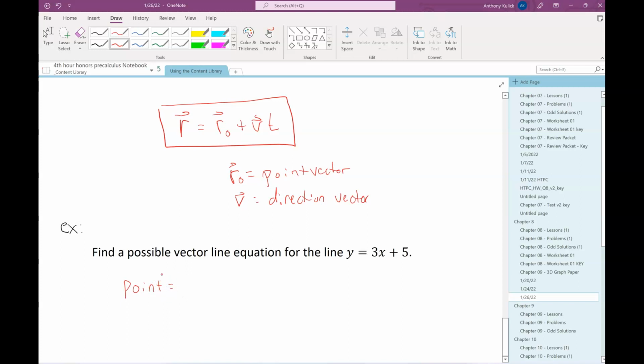What's an example of a point from that line? Why not just do 0, 5? Use the y-intercept. It's the easiest one to get. So I can change that into the point vector, r naught, which is the point vector 0, 5.